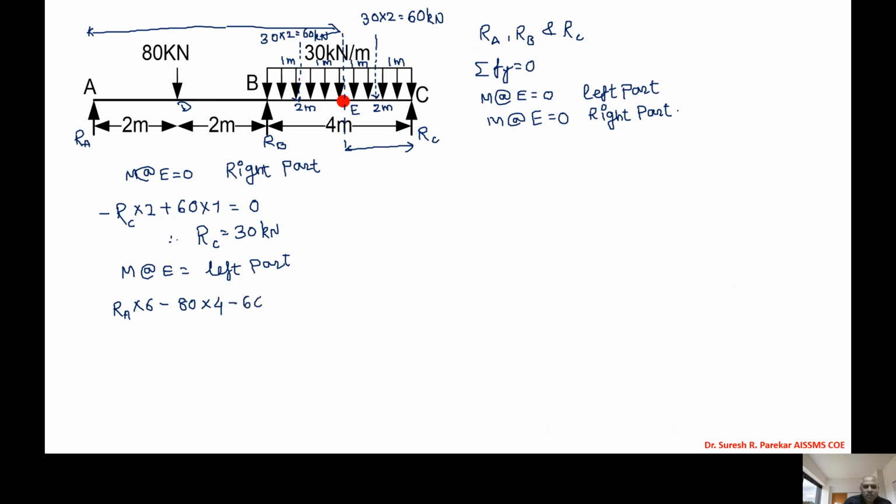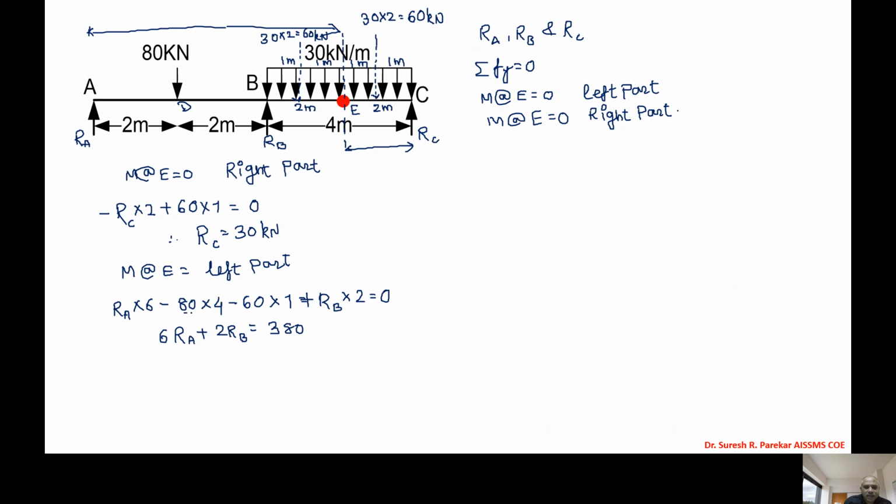So minus 60 into 1 equal to, sorry, we have RB again, so plus RB into 2, and that is equal to 0. And from this we will get 6RA plus 2RB equal to 380 kilonewton.